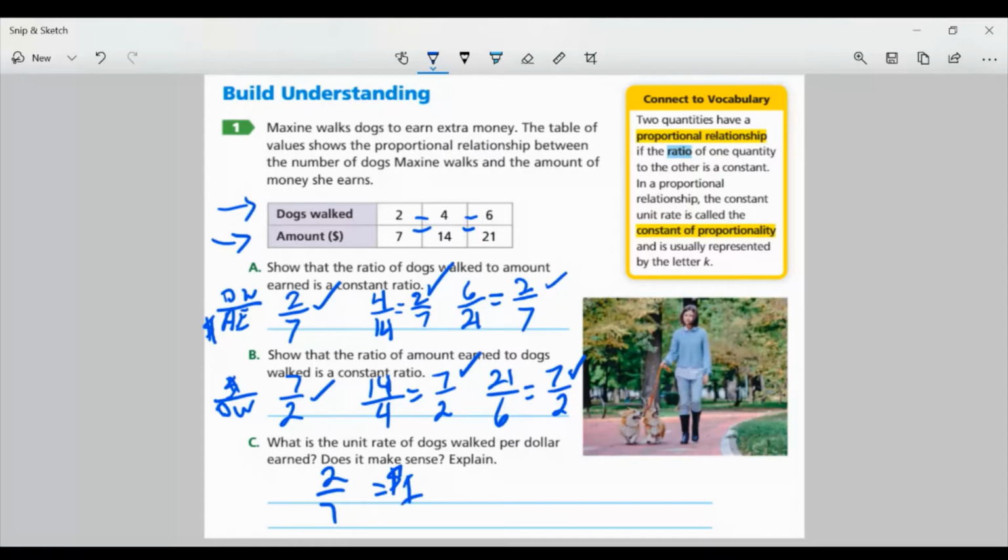Does that make sense? Of course not. No, it doesn't, because you can't walk a fraction of a dog, right? It's not possible. So yes, that's the rate, 2/7 of a dog per dollar, but that's not a good use of it, right? Because it doesn't make sense.